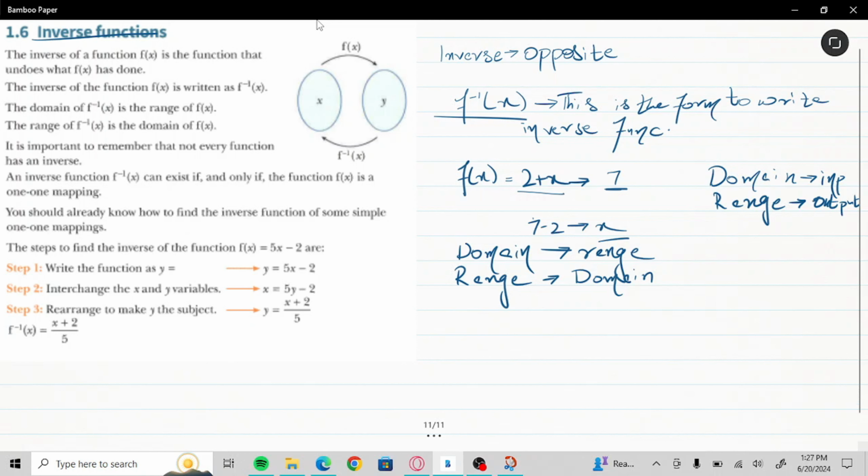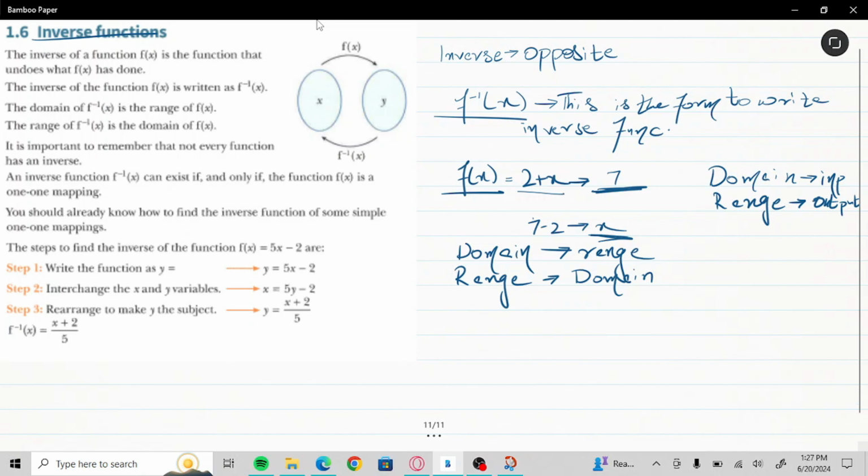The output that we get from a function is the input for the inverse function. We are getting 7 as the output of a function, and we are inputting it into the inverse function so that we can again get the original value. It's a little bit confusing, but please try to concentrate.